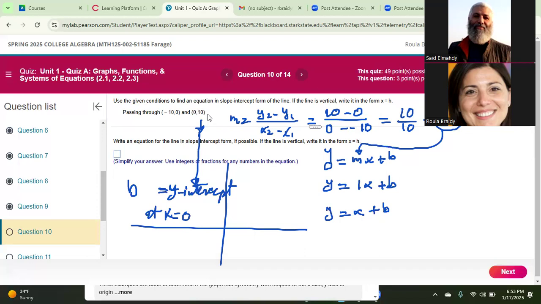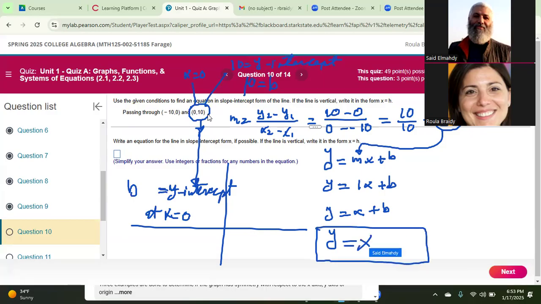So b is 10, this 10 is the y-intercept. So 10 is equal to b. The equation is y = x + 10. That's it. This is the equation in slope-intercept form.